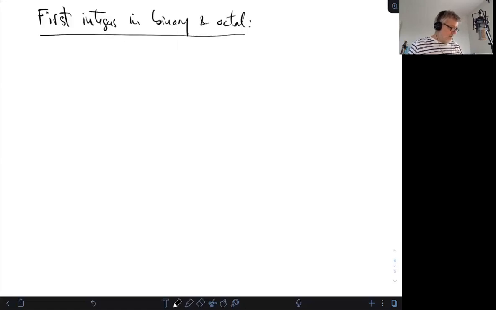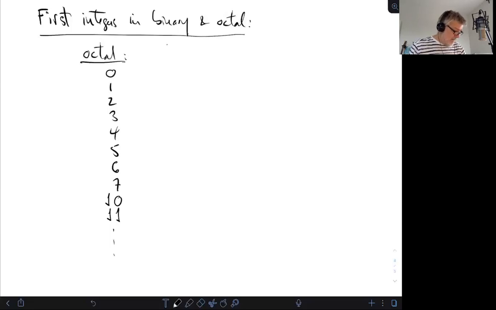Okay, so here are the octal digits: 0, 1, 2, 3, 4, 5, 6, 7. What is 8 in octal? 1, 0, right? So that's the next number in octal, and you keep on going.